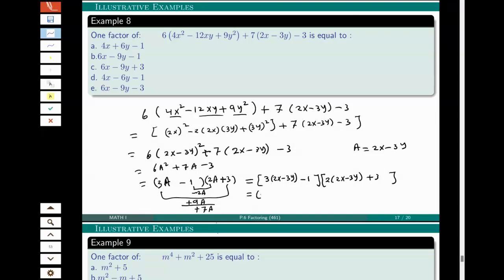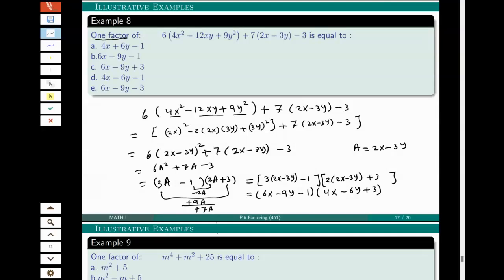So that will be equal to 3 times 2x is 6x, 3 times 3y is minus 9y minus 1, and that will be 4x minus 6y plus 3. So that will be one of the factors.